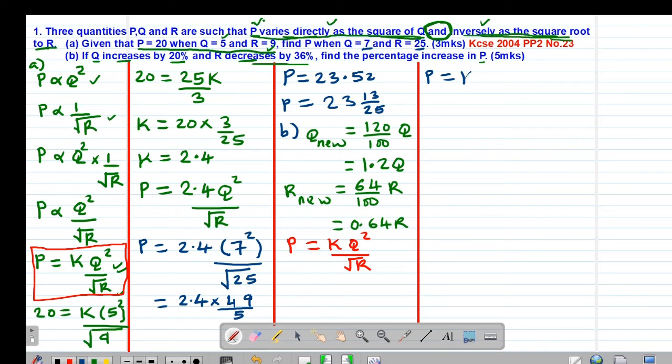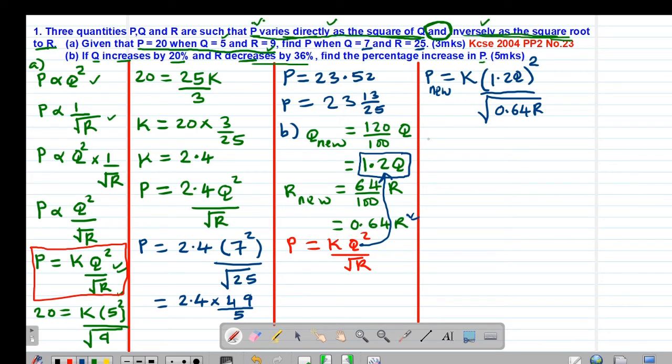So this will be K multiplied by Q squared, but we have the new value of Q. So where I have Q, I'm going to substitute 1.2 Q. Remember here we are finding the new value of P. Because it is Q squared, I'll take 1.2 Q and square that, then divide by the square root of the new value of R, which is 0.64 R. This should give me the new value of P.